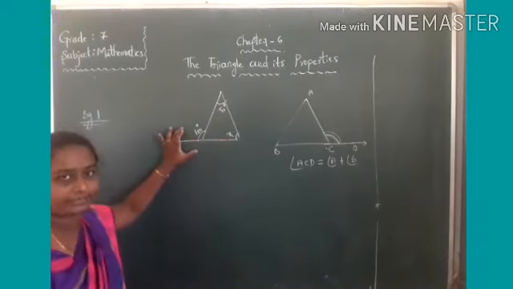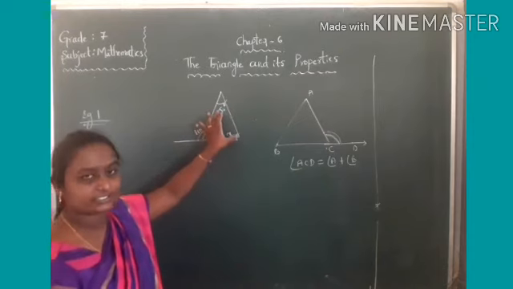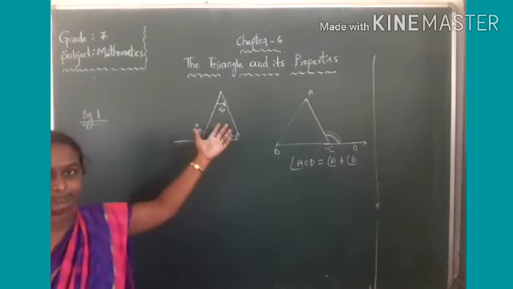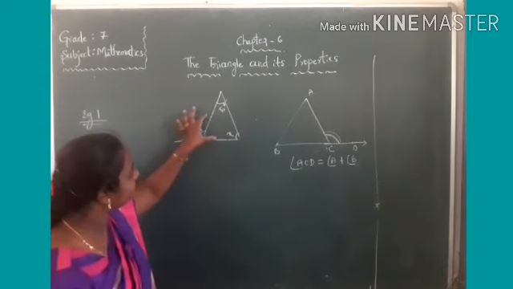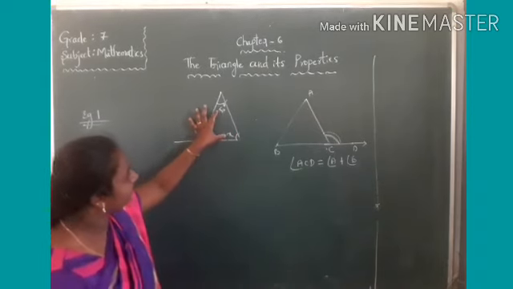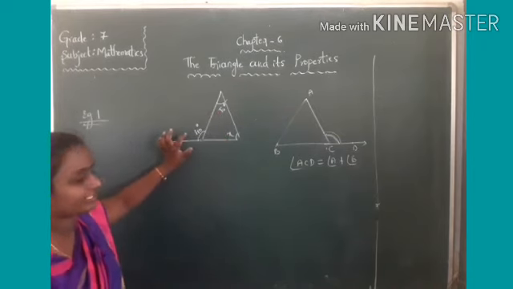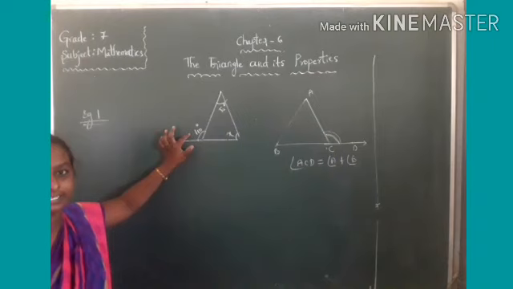You know very well, interior angles are inside. Interior means inside of angles. Which are the interior angles here? Angle X and 50 degrees. The exterior angle is 110 degrees.